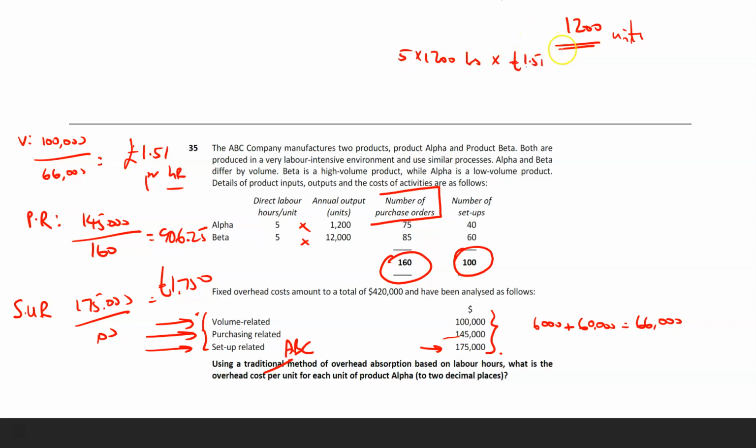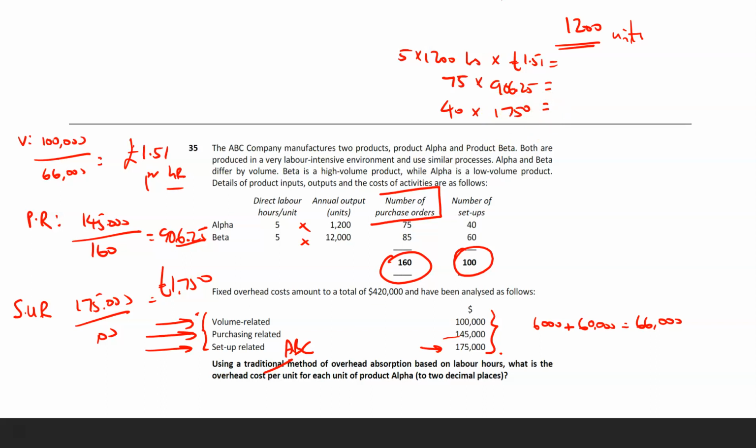All of this is the total overhead for 1,200 units. Then I have a total for alpha of 75 purchase orders, and each purchase order is £906.25. That's all the overhead. And finally, the number of setups: I have 40 setups times £1,750. That's what's going on there.